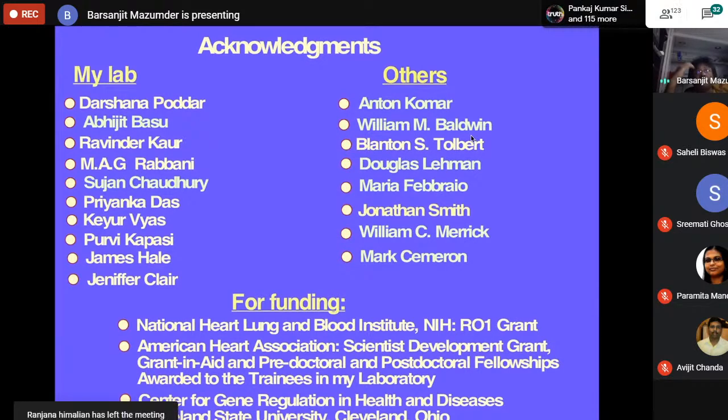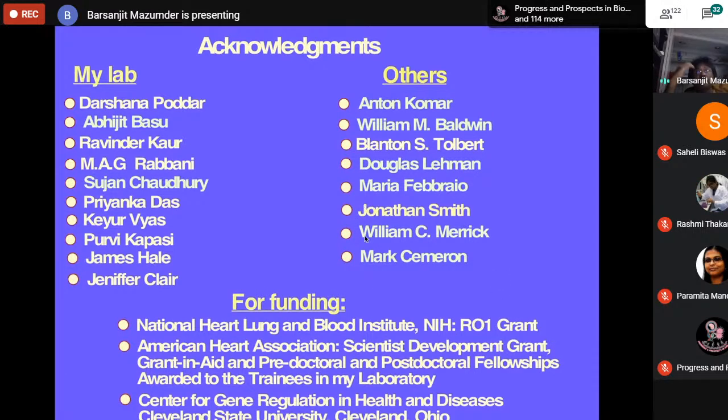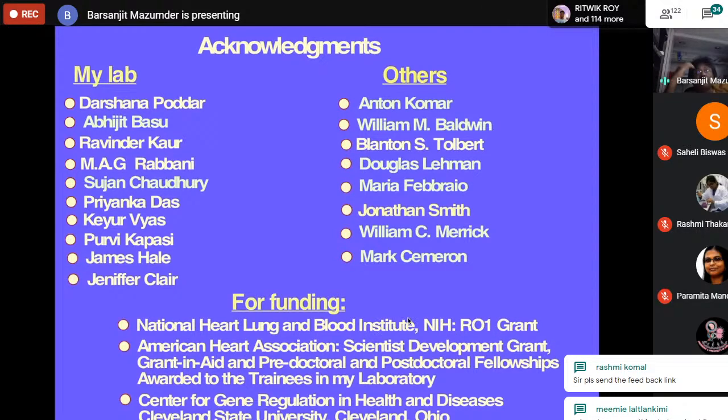William Baldwin from Cleveland Clinic; Balton Tolbert, who helped me with the 2D NMR from the Case Western Reserve RNA Center; Doug Lehman, who helped with the Affymetrix gene chip experiment; Maria Febraio and Jonathan Smith in the mouse experiment; and Bill Merrick, a translation control guru from Case Western Reserve University, who identified or invented many of the translation initiation factors. And Mark Cameron for bioinformatic analysis.